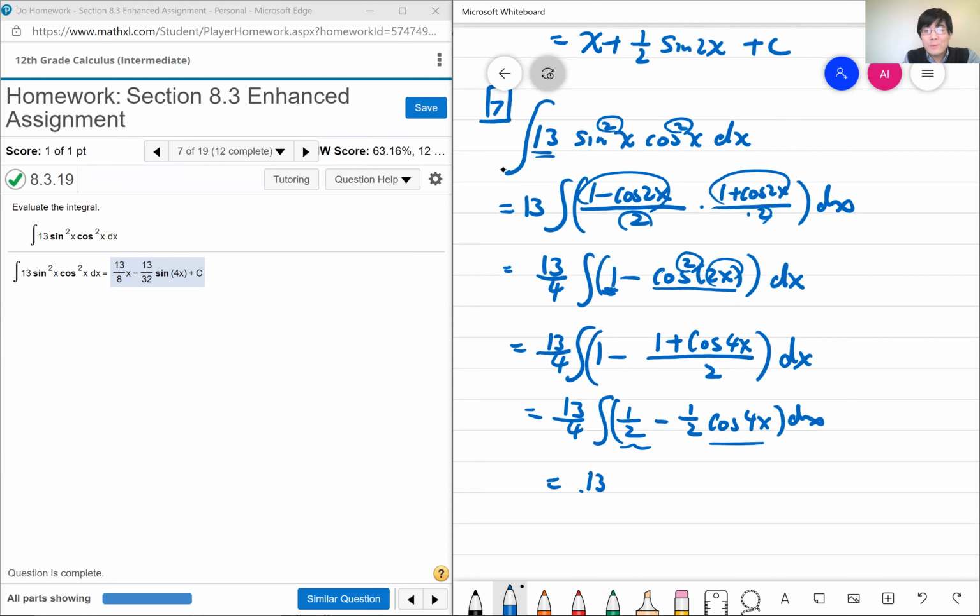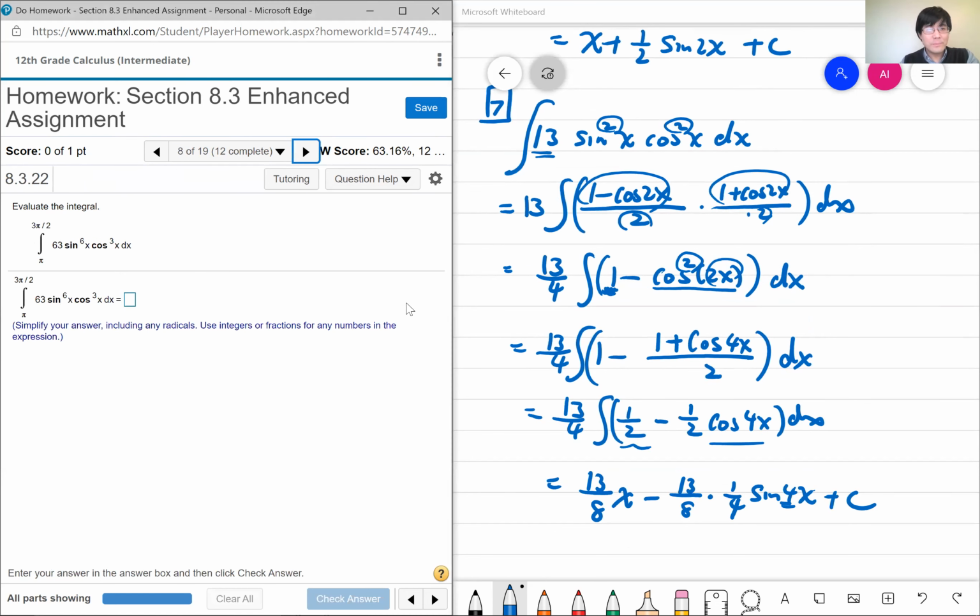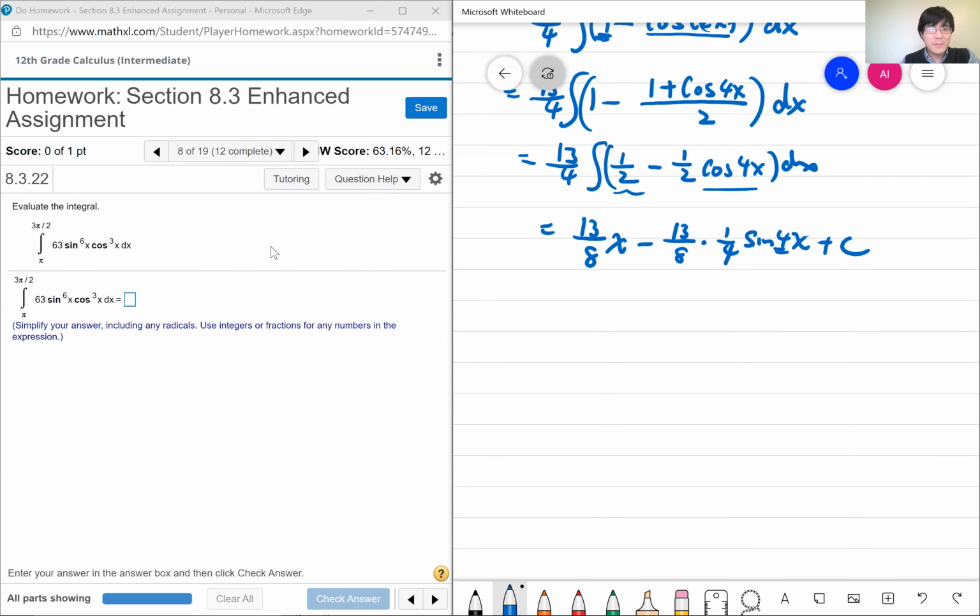So first term will be 13 over 8 x. And the second term is 13 over 8 times sine 4x, but chain rule gives you another 1/4 here.